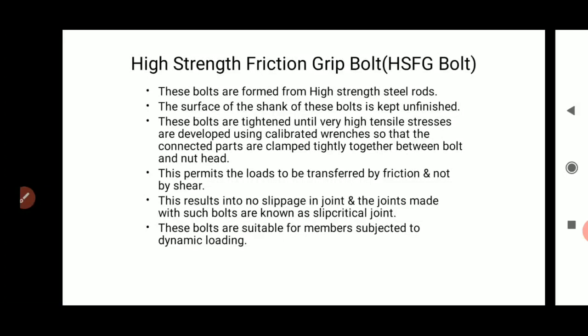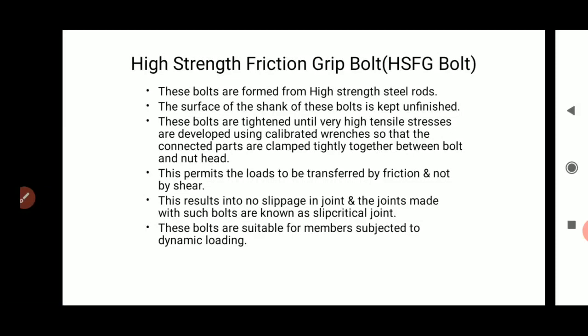Then the third point is that these bolts are suitable for members subjected to dynamic loading, as the connection is more tight, so it can be used for dynamic loading.